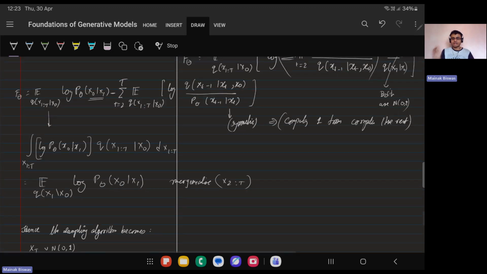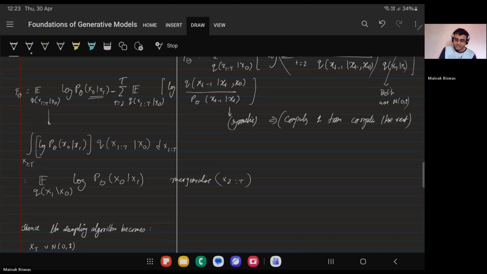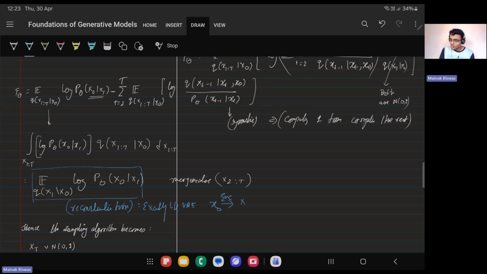So this is exactly what happens in a VAE, right? In a VAE as well, it's the reconstruction term. Exactly like a VAE, you pass x0 through the encoder, get x1, and then you use a decoder, right? So this term is fine.